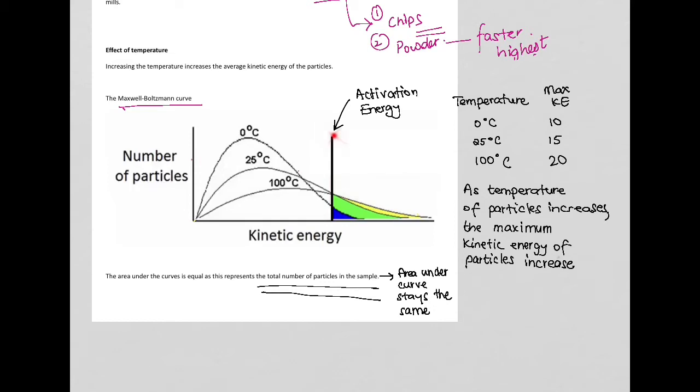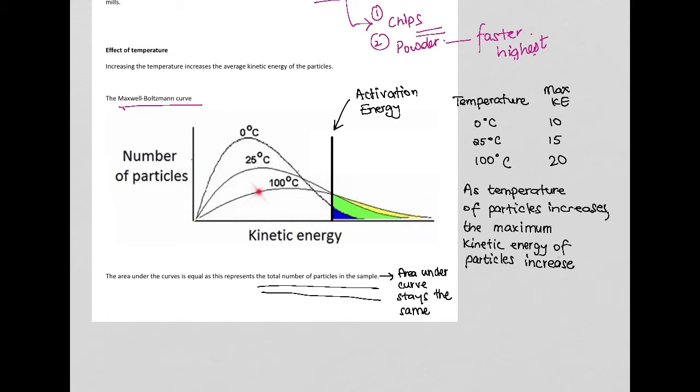The bold line over here represents the activation energy required for the reaction to occur. Now, the areas shaded here, blue, green, and yellow, represent the number of particles with energy greater than activation energy.